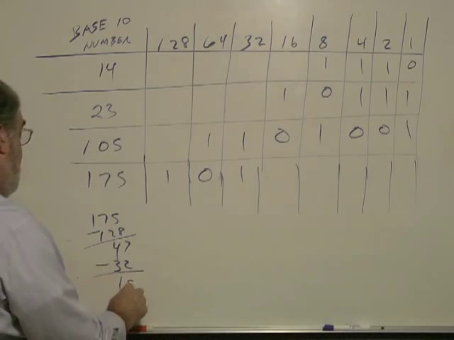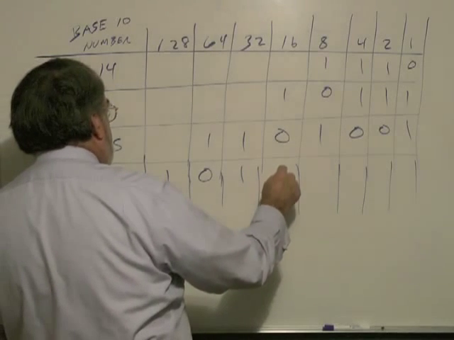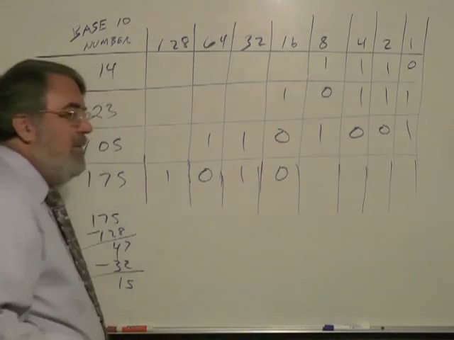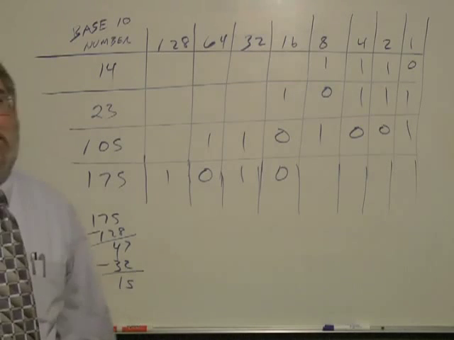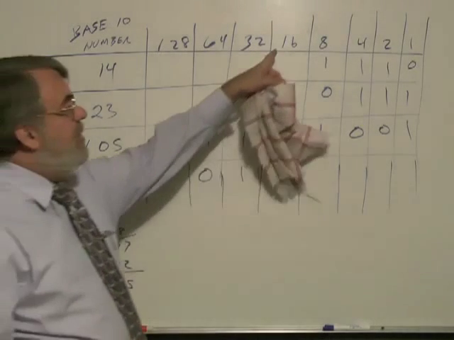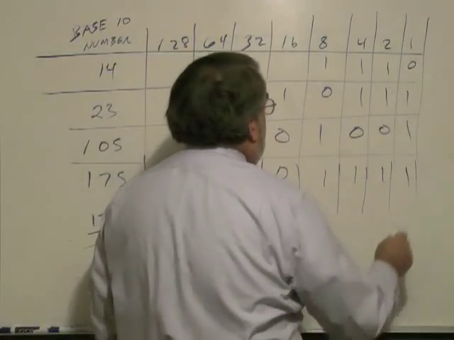and I'll get 15. Now, I can't subtract 16, so I put a 0 in the 16's place. But 15, after a while, you begin to recognize 15 is 1 less than 16. And so its binary number is 1111.